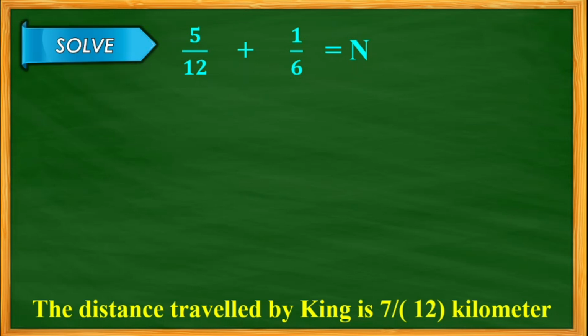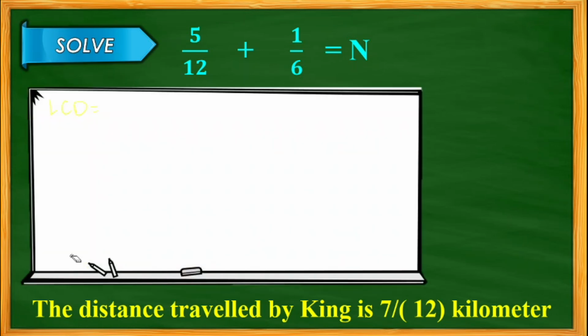So let's solve. This problem is a dissimilar fraction, so let's find first the LCD. The LCD of 12 and 6: 12, 24, and then 6, 12.